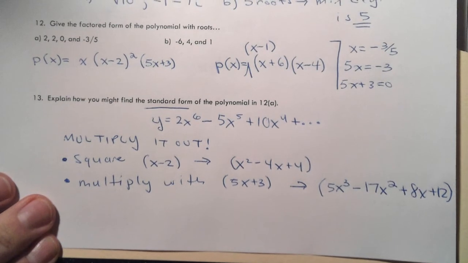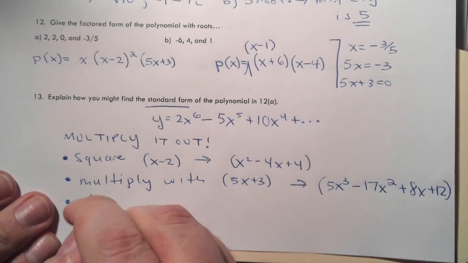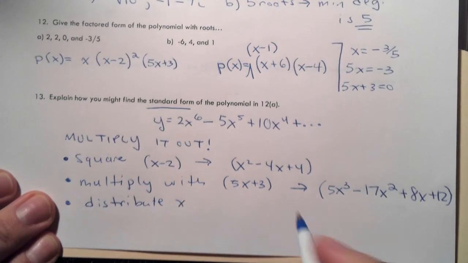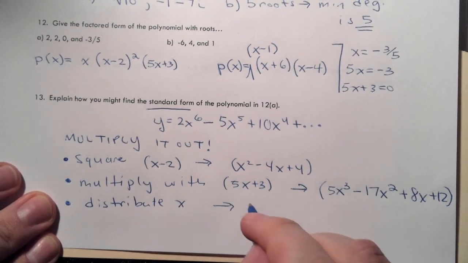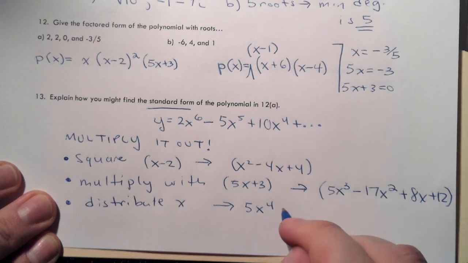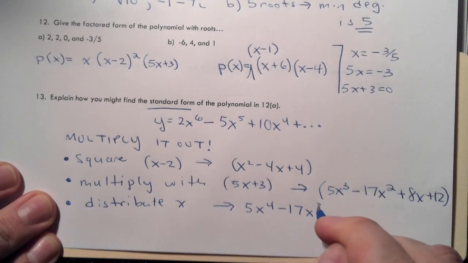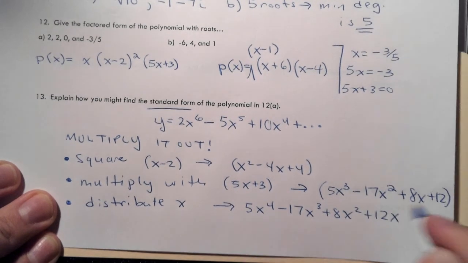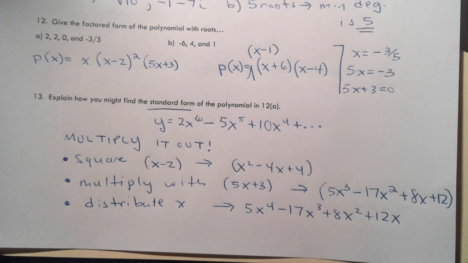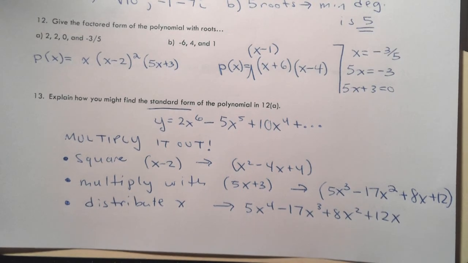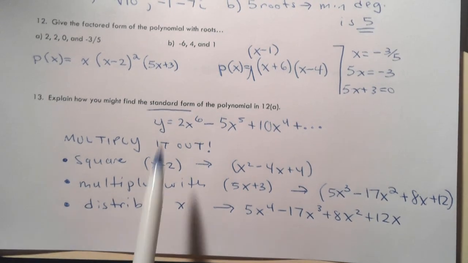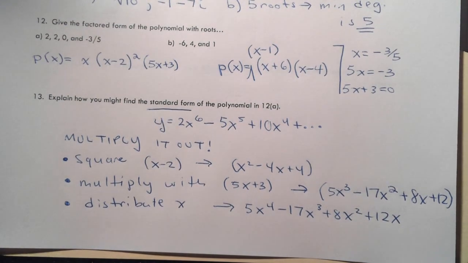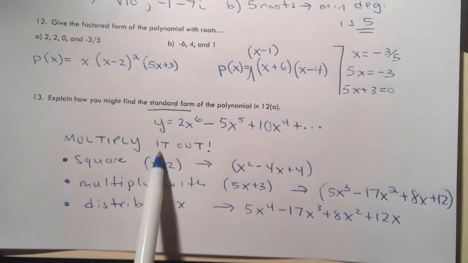And then my final step in converting this to standard form would be to distribute that x, which would give me the final answer of 5x to the fourth minus 17x cubed plus 8x squared plus 12x. So I want you to understand that process. We don't really need to worry about doing that ourselves. But to just put this to bed, to find the standard form of a polynomial means to multiply it out.